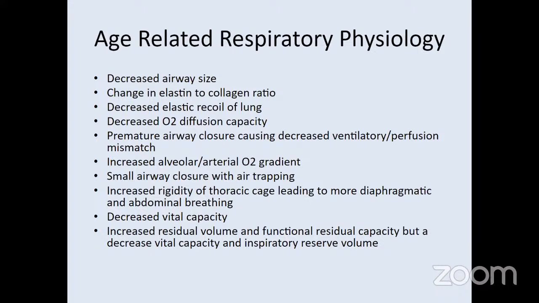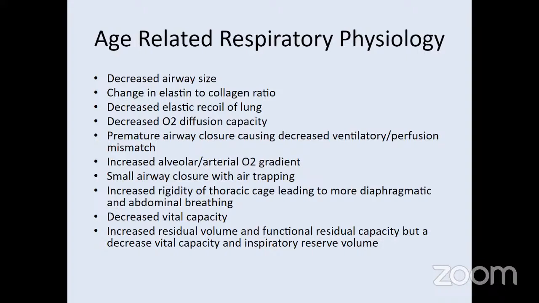So let's speak about age-related respiratory physiology. With age, there is decreased airway size and changes in elastin to collagen ratio that do not only occur in the airways, but also affect other parts of the body, such as the skin. And there is also decreased elastic recoil of the lungs.